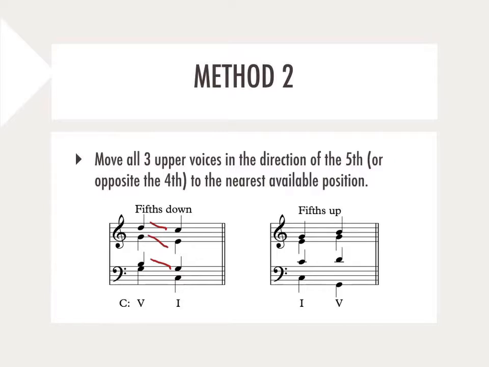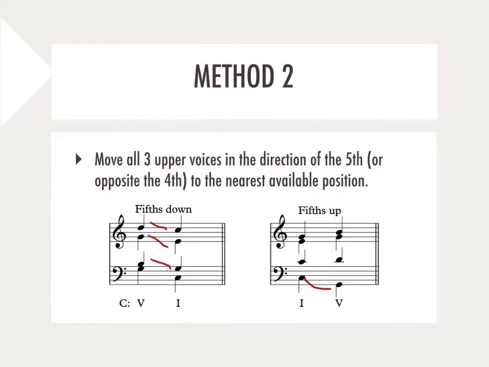I suggest you actually say this in your head, D down to C, G down to E, and B down to G. The second example is a fifth up. Again, the C to the G is really a fourth down, but you go opposite the fourth when you're talking about the directions of the 3 upper voices.